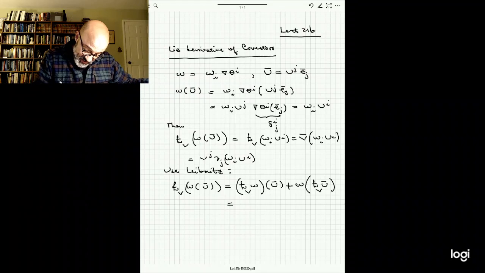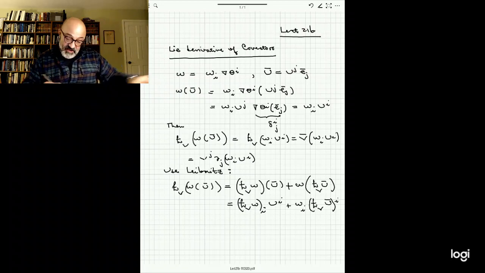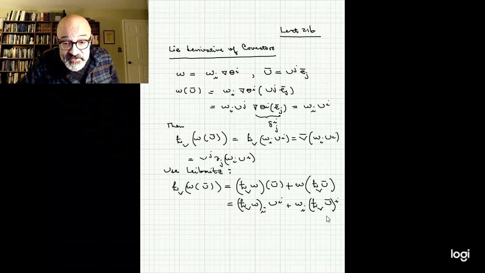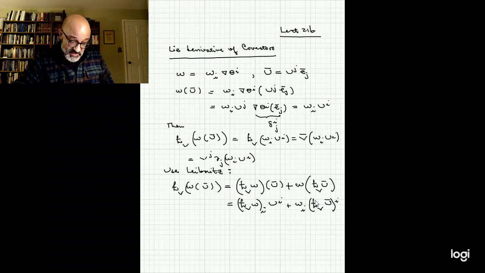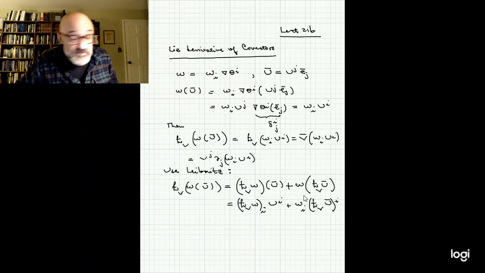Let me write this with an index i, just the various components, and this one, ω_i (L_V u)^i. Now we have an expression for this from the previous class, so we're going to substitute it there.